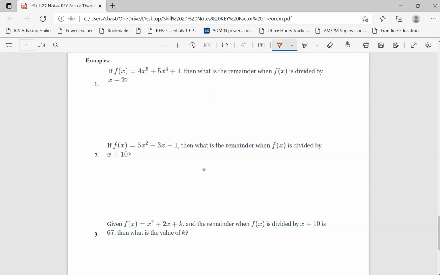So for this one, it says, if this is our polynomial, what's the remainder when f of x is divided by x minus 2? So we're going to put 2 on the outside. Now let's see, we have a 4, a 5. We're missing the x cubed, x squared, and x terms, so we need a lot of zeros there, and then 1 at the end.